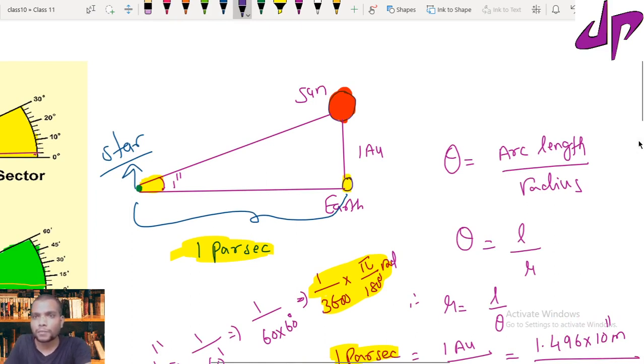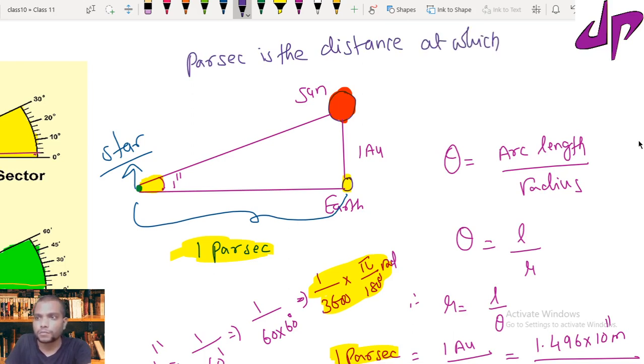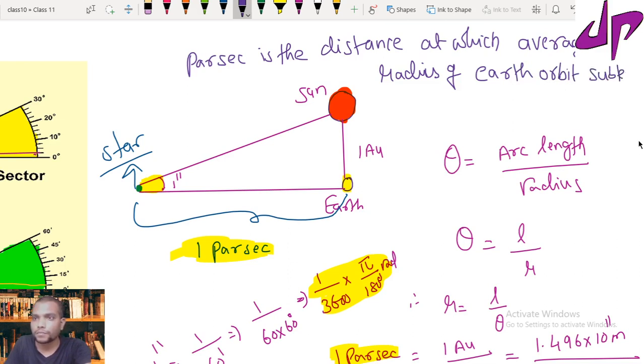I can write that a parsec is the distance at which the average radius of the earth's orbit subtends an angle of 1 arc second.